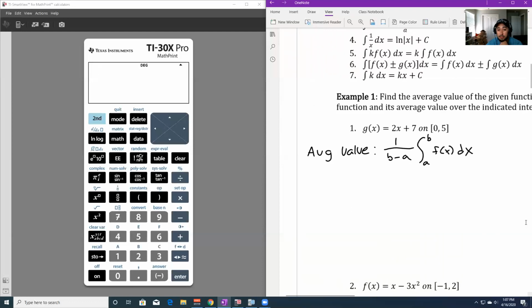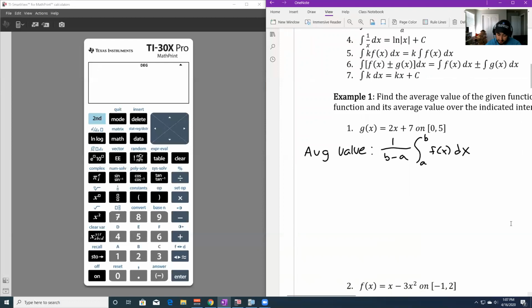Okay, so now let's go ahead and set this up, but also let's label everything we have. So the interval 0 to 5, 0 is a, 5 is b.